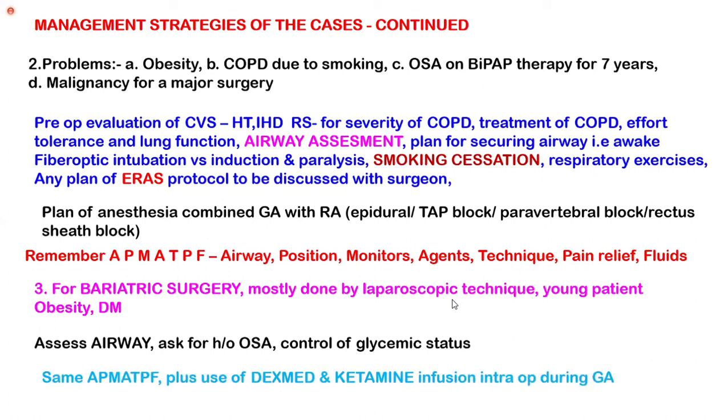Same rule, all the mnemonics you can remember, plus the technique that is recommended is a combination of dexmedetomidine ketamine infusion during operative procedure for GA. Mostly somehow people don't use regional techniques along with it for bariatric procedure. I don't know why, but generally not advocated.